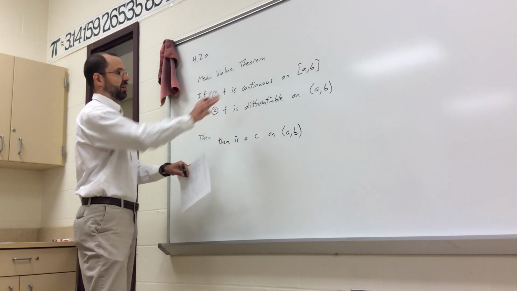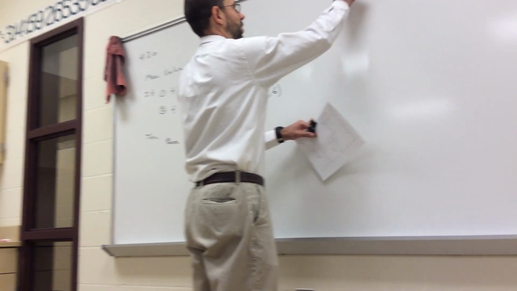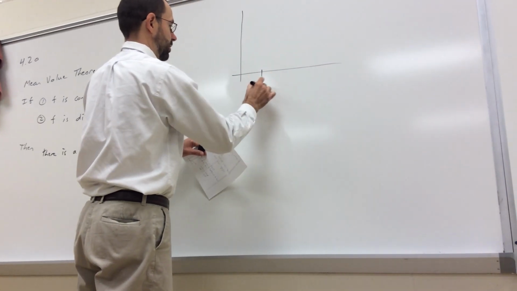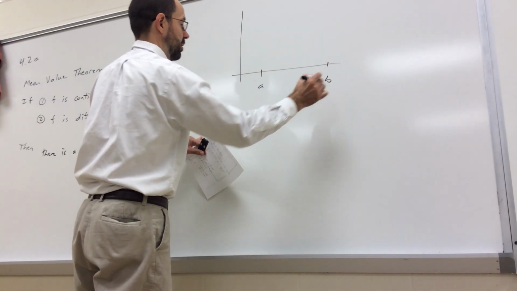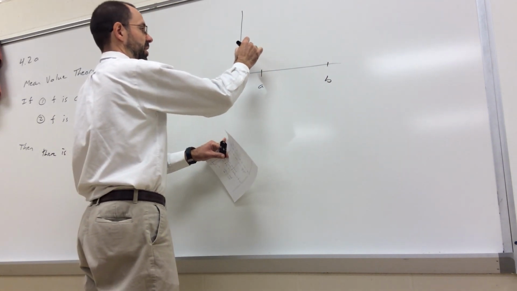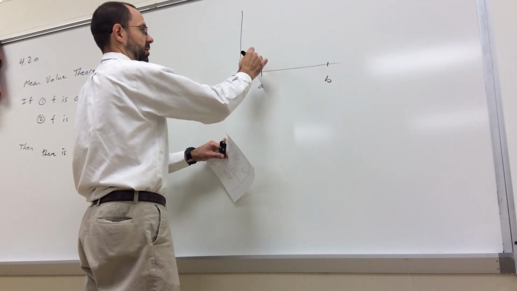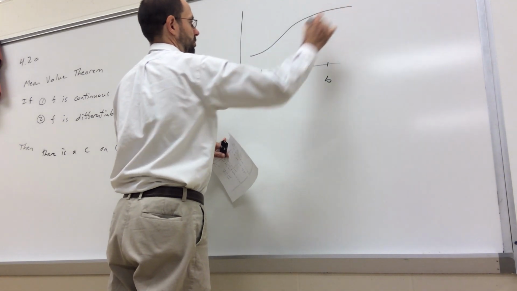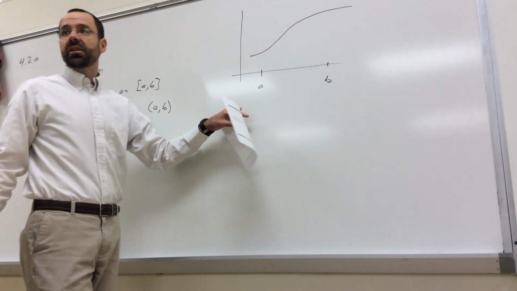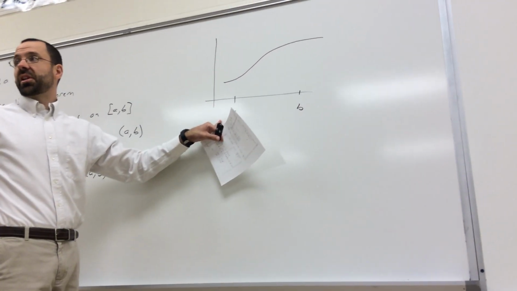All right, so here's the scenario. We have a graph, f of x, and in between A and B, it's nice and smooth and connected. It's continuous and it's differentiable.